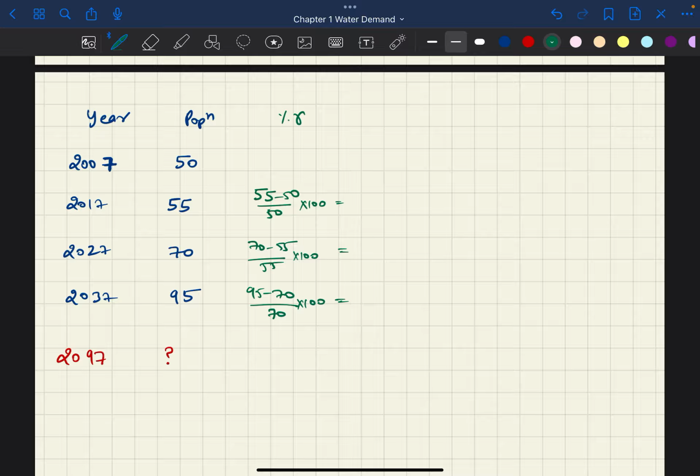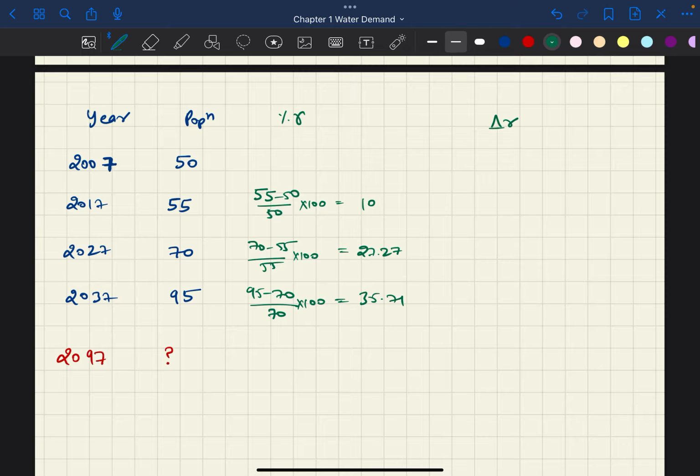So I'm calculating with the help of calculator now. This is 10, this is 27.27, this is 35.71.